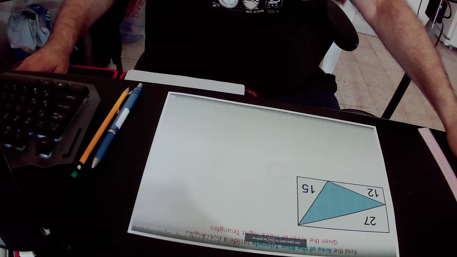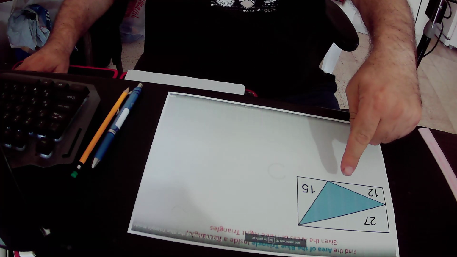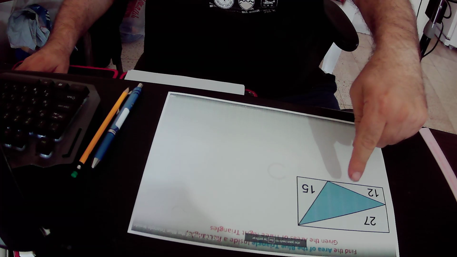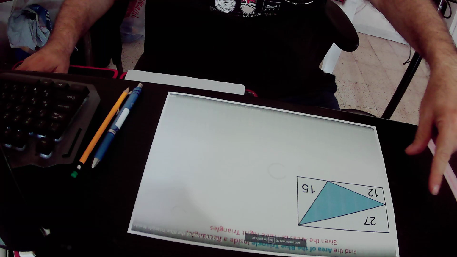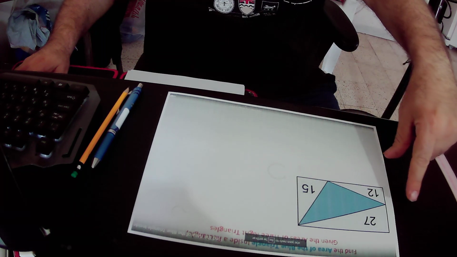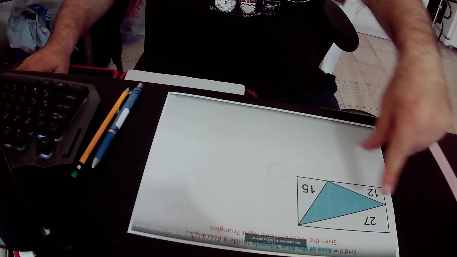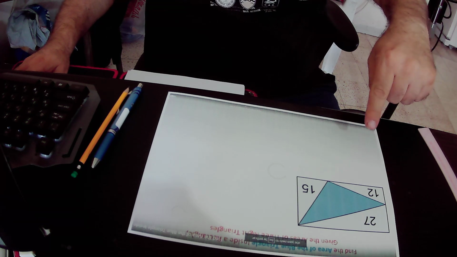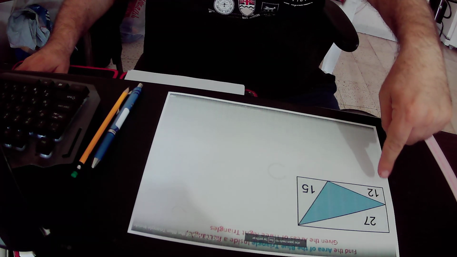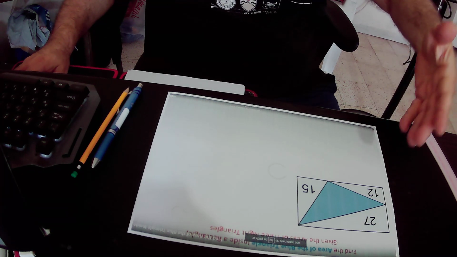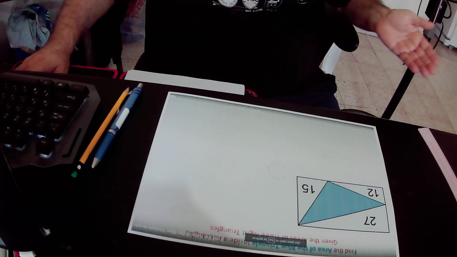It is very simple, because the area of this blue triangle equals the area of the rectangle minus the areas of the three triangles that are given to us.